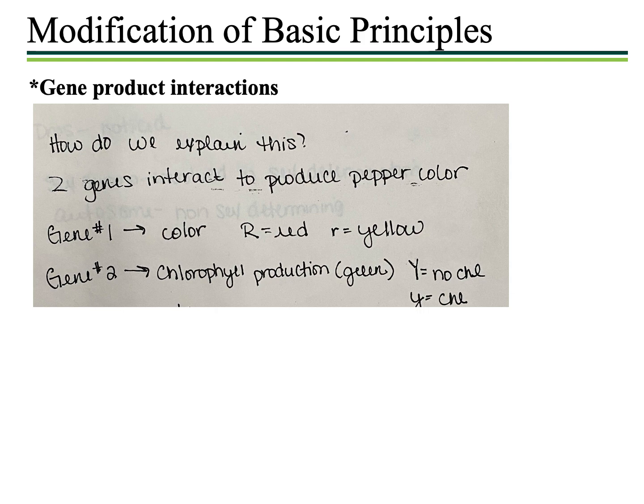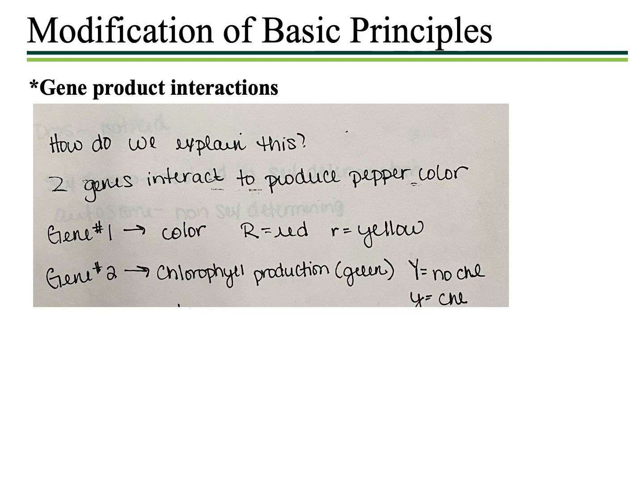That's indicated in my handwritten notes there as the uppercase Y being equivalent to no CHL, which is my abbreviation for chlorophyll. The second allele is the recessive, and the recessive is to allow for chlorophyll production in the pepper. Again, that's in the fruit itself. This is different than chlorophyll production in the plant overall. Again, this is specifically in the pepper.